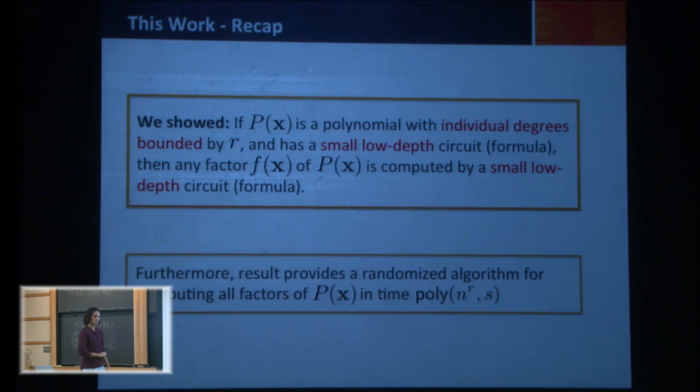So the randomized algorithm is because of the black box, or because of the Dvir-Shpilka-Yehudayoff? Yeah, it's because of the black box, it's because of the PIT.